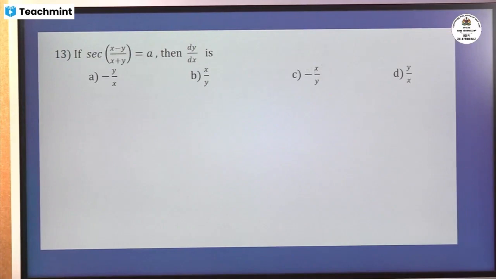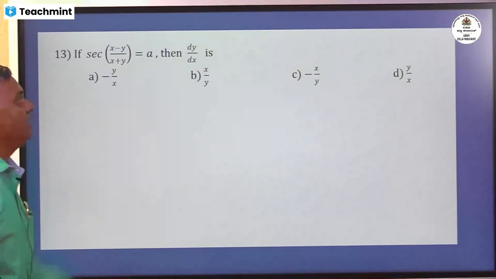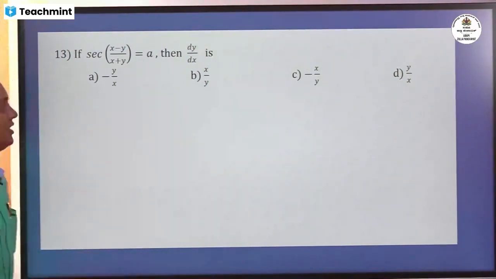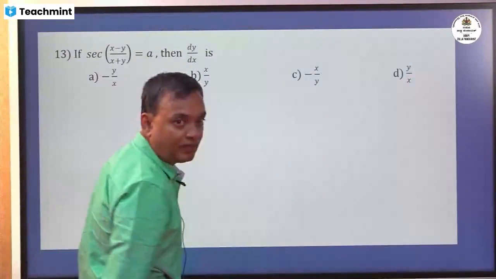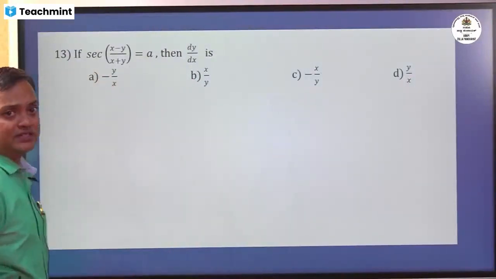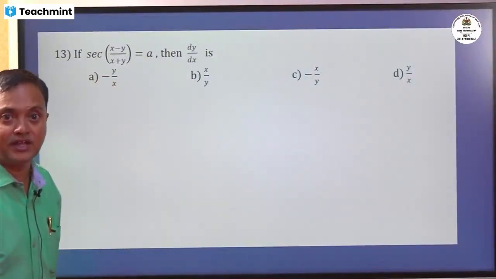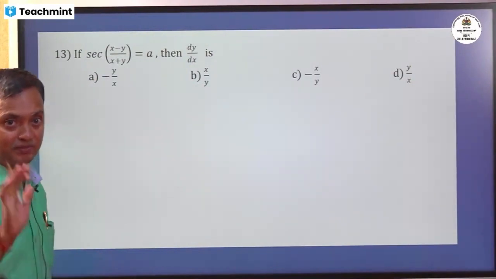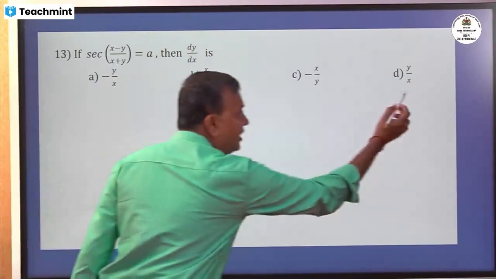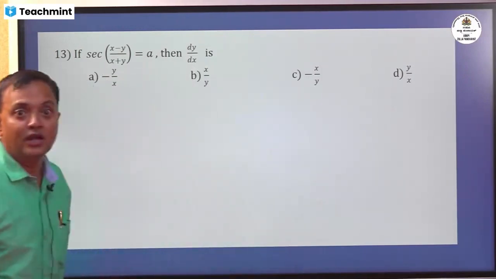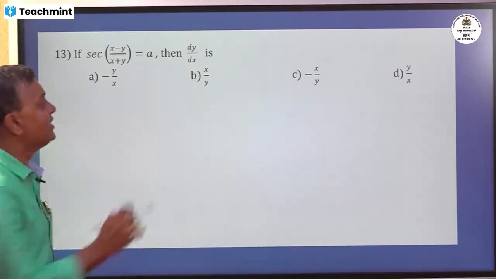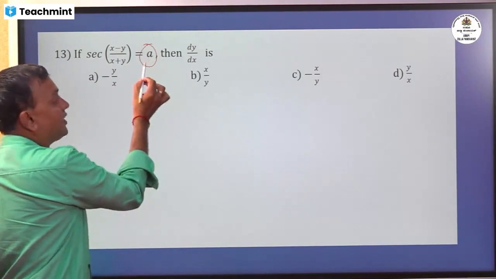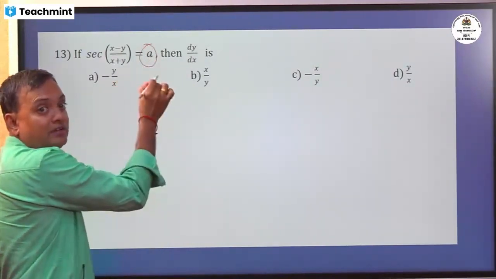Next, a differentiation question. If secant of (x minus y) by (x plus y) is equal to a, then find dy by dx. See the options. What is the derivative of secant x? Secant x derivative is secant into tan. We know the derivative of a trigonometric function is in terms of trigonometric functions, but in each option no trigonometric function is there. See the right hand side, a is constant, correct?